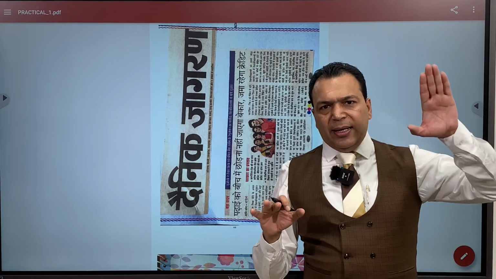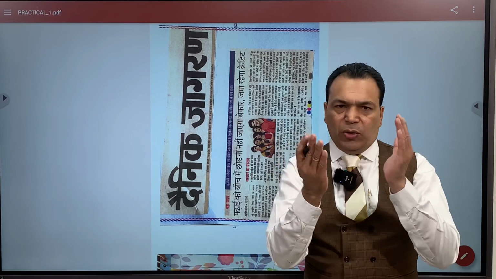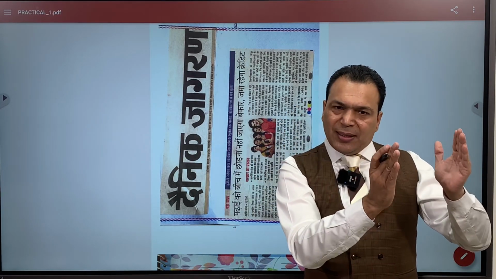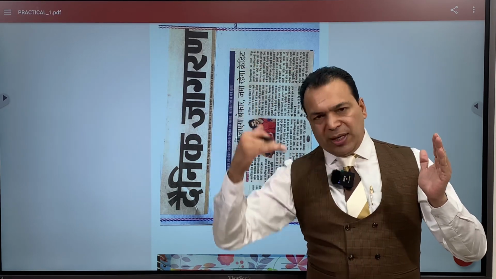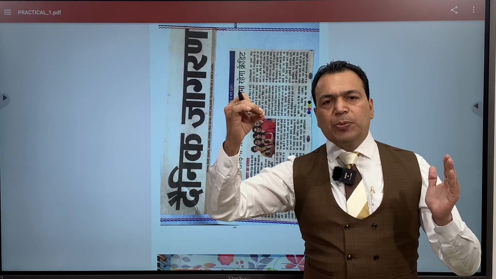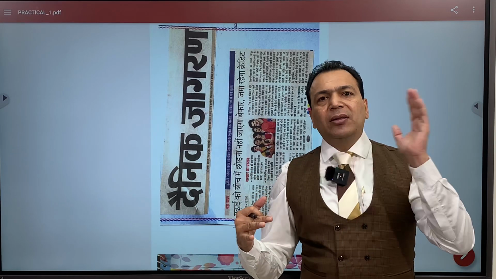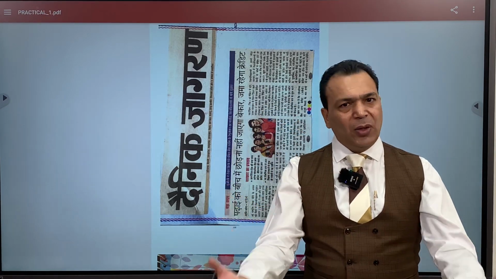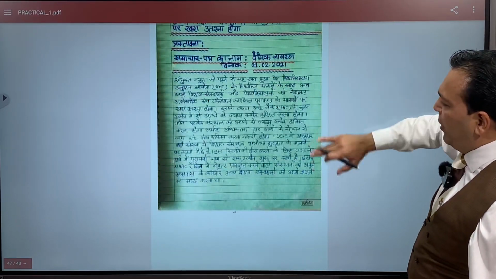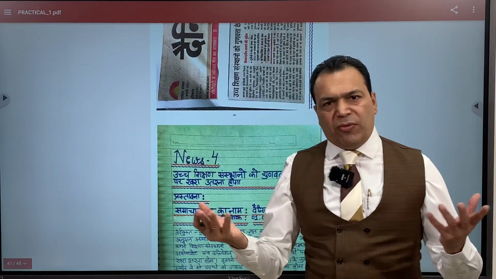Whatever news related to education you find in the newspaper, you have to clip that news and paste it in your project file, and on one side you have to write about it. Okay. What do you have to write? The name of the newspaper, the name of the press reporter, the date, and you have to mention what the news says. Okay. Right. Look, there are 5 news items: 1, 2, 3, 4 and 5.